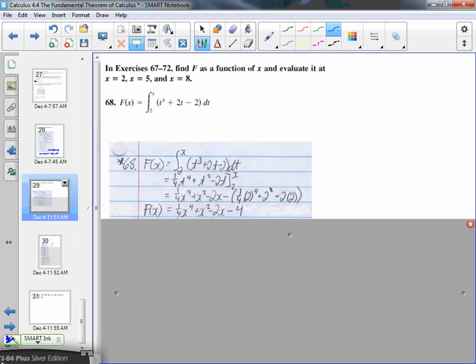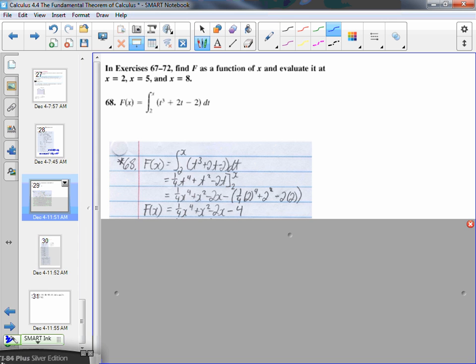So capital F of x equals 1/4 x to the 4th plus x squared minus 2x minus, and then when you get finished simplifying everything in that parentheses, it's a 4. All we did, we used the first fundamental theorem of calculus to come up with this.